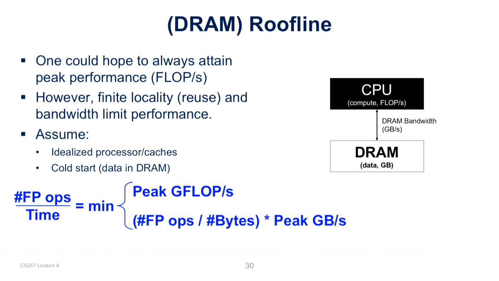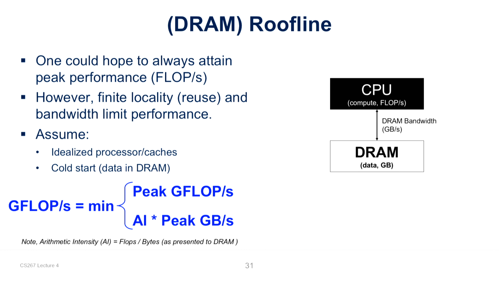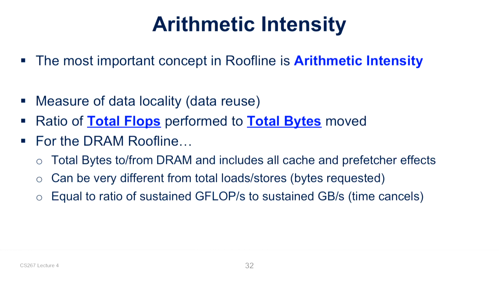You can think of that as what percentage of the bandwidth I'm going to be utilizing, and that is given by the arithmetic intensity of the algorithm that you're running. Okay, so that's the ratio of the total flops performed divided by the total bytes moved.